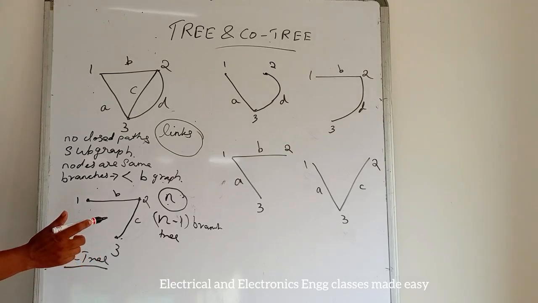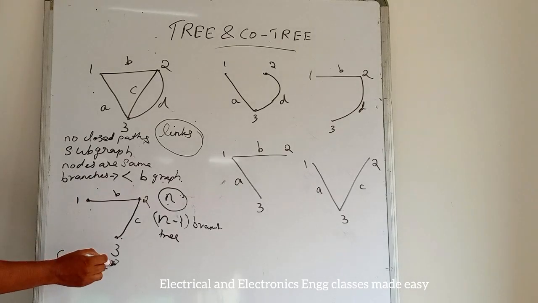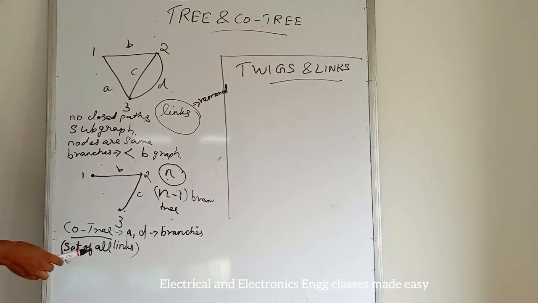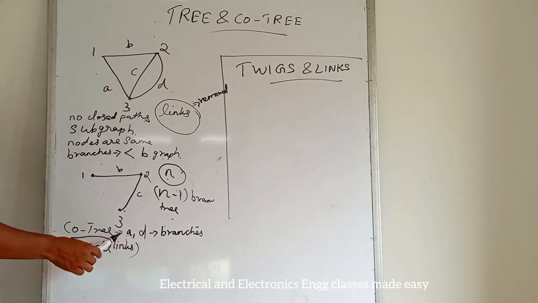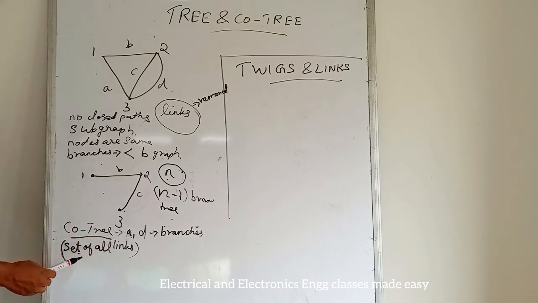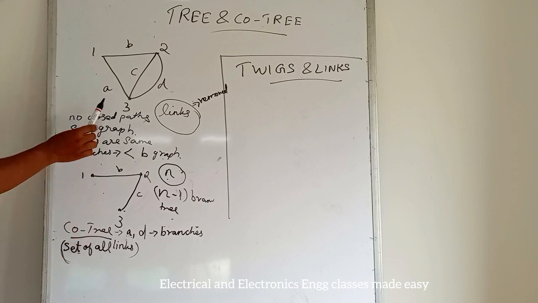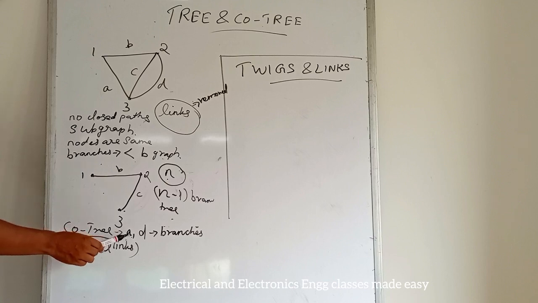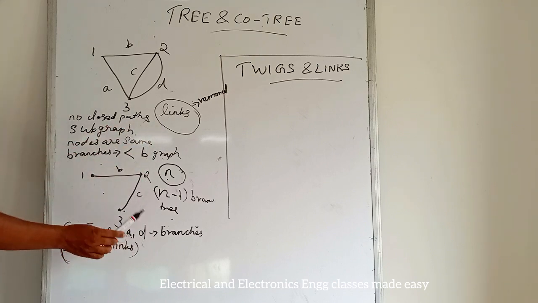So, for this tree, the core tree means A and D. So, here A and D constitute the core tree of the given tree. Here A and D are called the links. That is, the removed branches are called links.